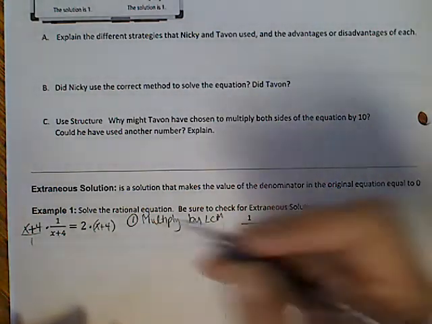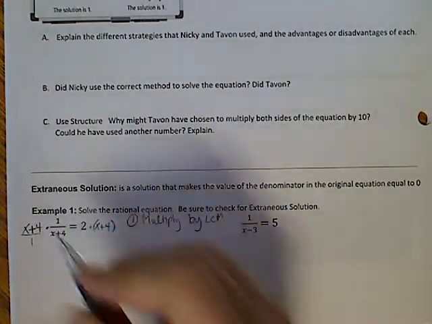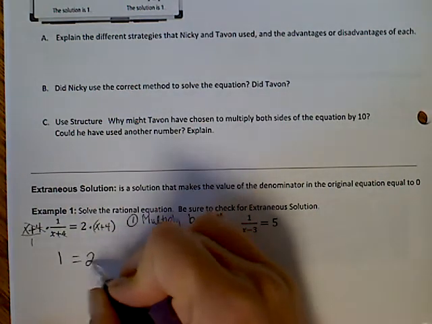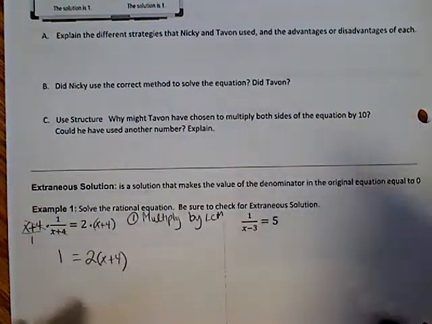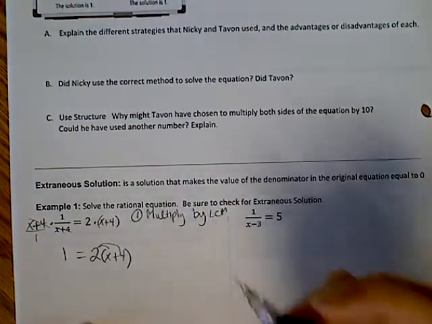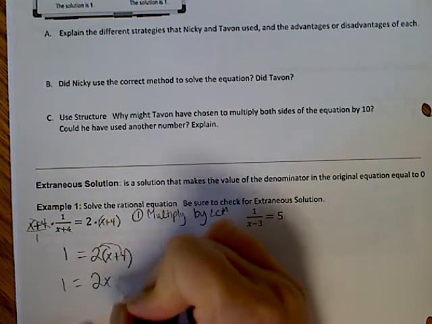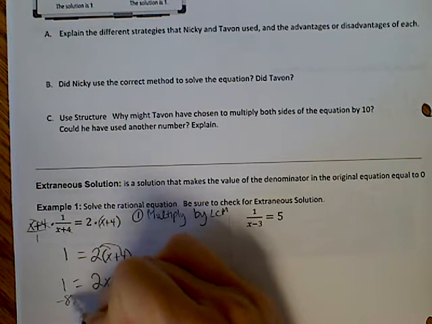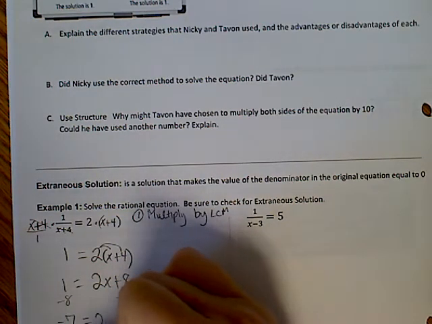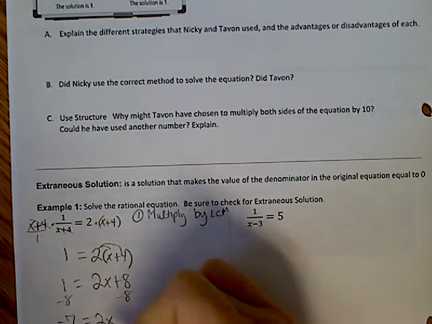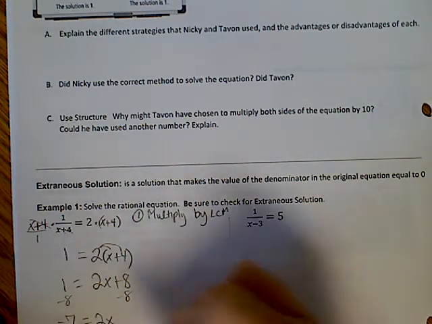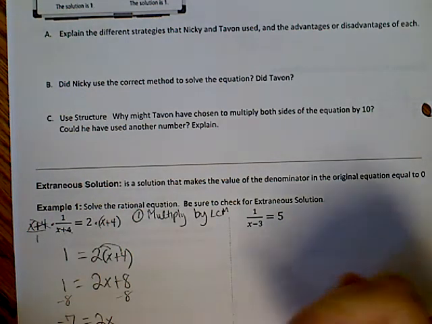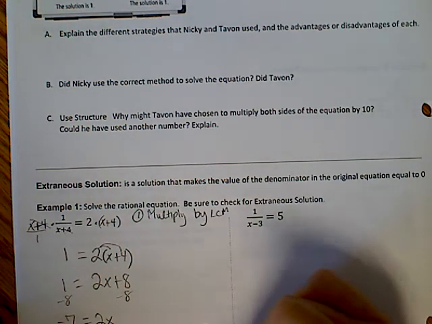Now, when I have these two here, I can cancel out. 1 equals 2, x plus 4. So I'm going to distribute 2x plus 8, and then just solve. -7 equals 2x, divided by 2. X equals -7/2, which really is x equals -3 1/2.